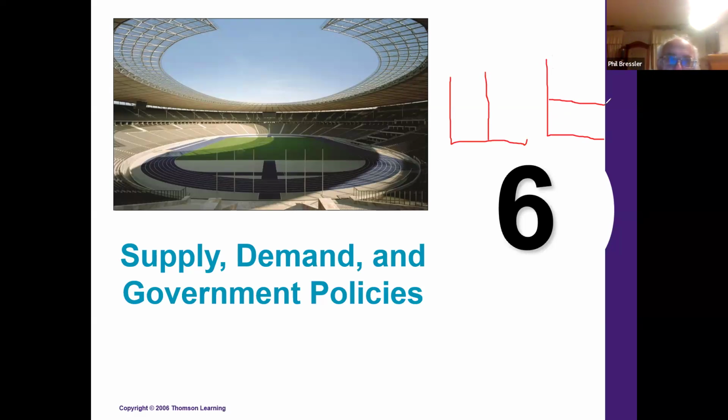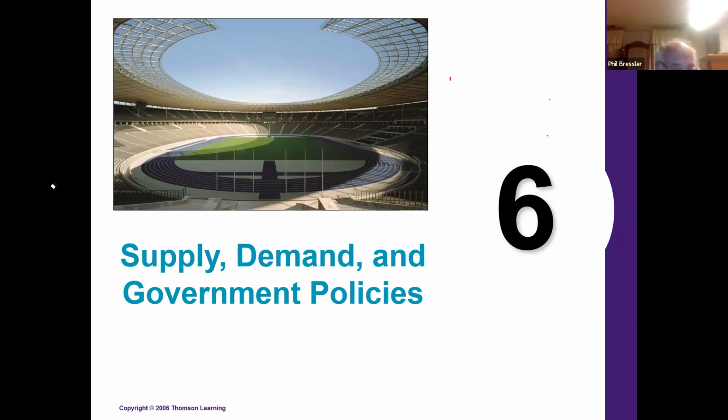And then he talks about the total revenue test. Okay. And I think there'll be at least one problem on this. Remember, total revenue is price times quantity. If price goes up and total revenue goes up, inelastic. If price goes down and total revenue goes down, inelastic.